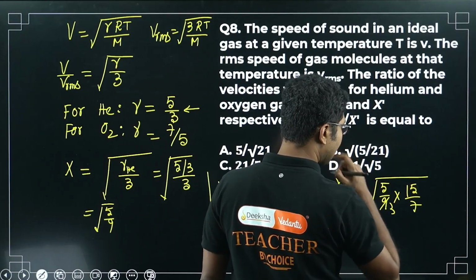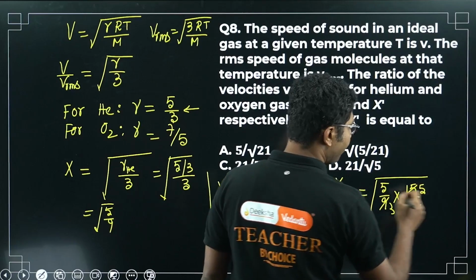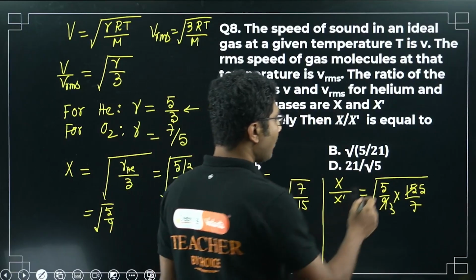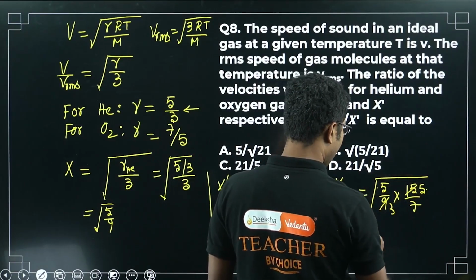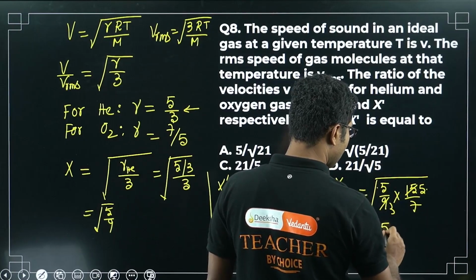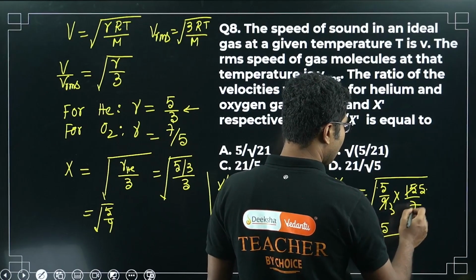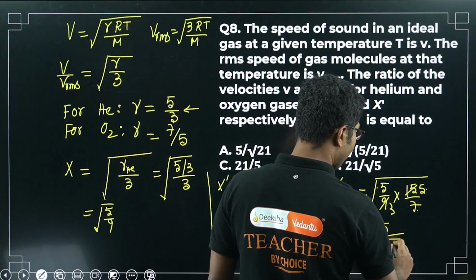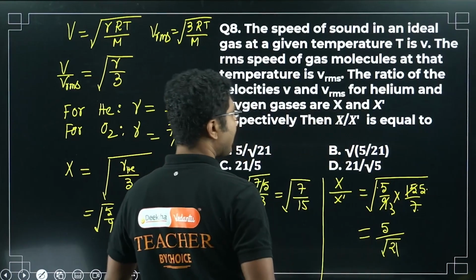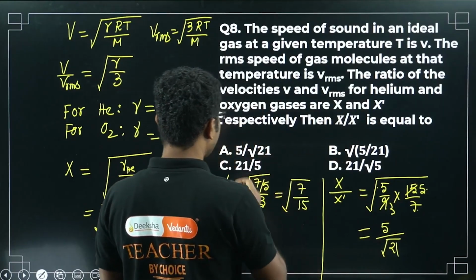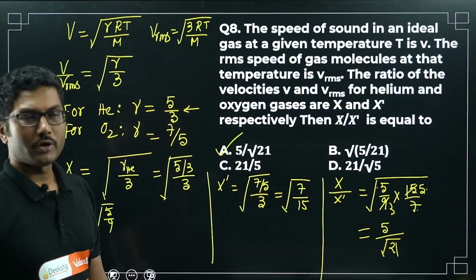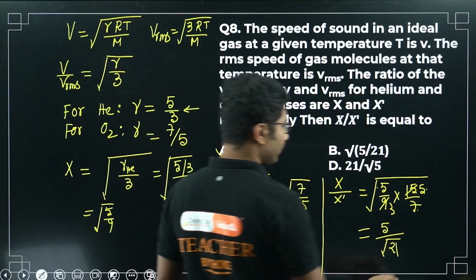So 3 3s are 9, 3 5s are 15. So what we get is square root of 5 into 5, so 5 will come out of the square root. 3 7s are 21, so square root of 21. So the answer is 5 divided by square root of 21. So this is the answer.